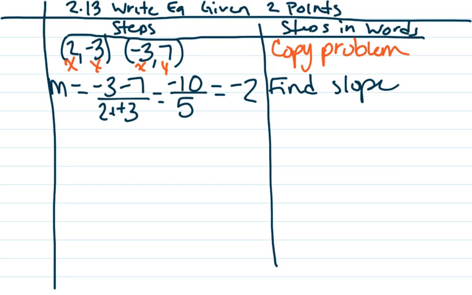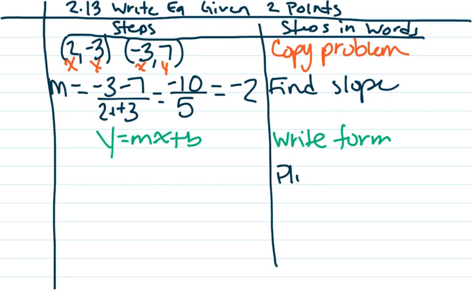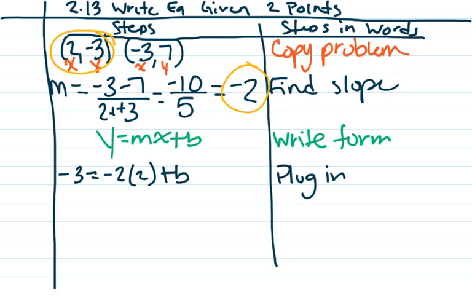Then we are going to write form. So we get y equals mx plus b. Then we're going to plug in. So we're going to use, remember, the first point and the slope we found. So we get negative 3 equals negative 2 times 2 plus b.